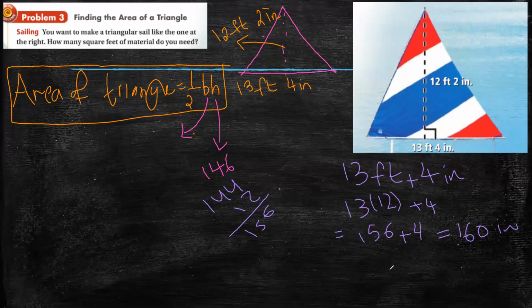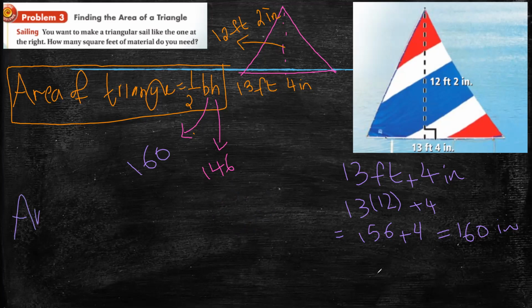So here, 13 feet 4 inches is 13 times 12 plus 4, which is 160. So here the base is 160 inches. Then after that, since we now have the same unit, we can find the area of the triangle.